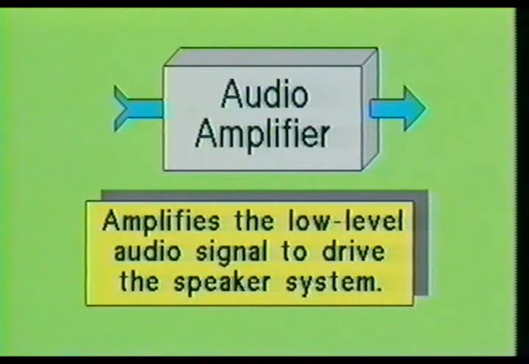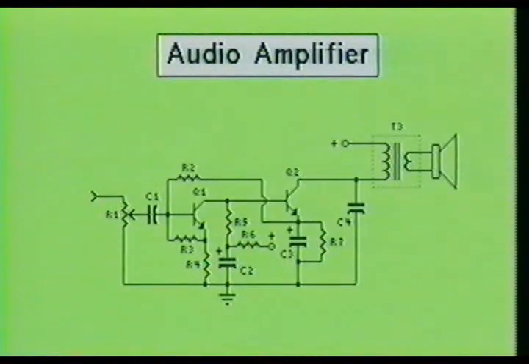Let's examine a simple audio amplifier circuit. Here you see a simple 2-transistor audio amplifier circuit. When the television receiver is stereo, there will be one amplifier circuit for each of the left and right audio channels. A volume control is provided by resistor R1 to vary the input to the audio amplifier stage.